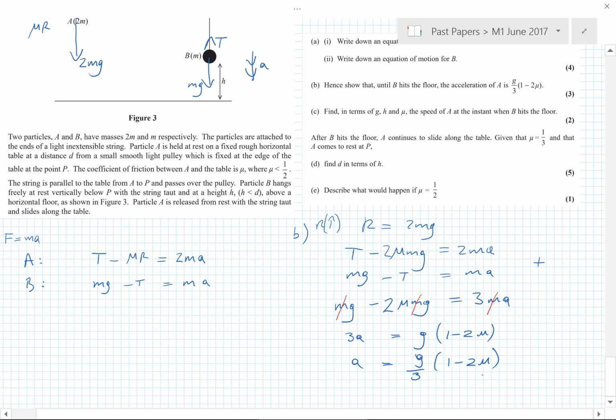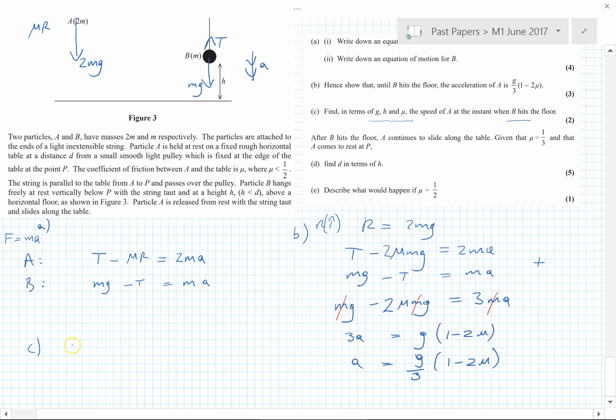Okay, so that's pretty okay, all working out fine so far. Part C is to work out, in terms of g, h and mu, the speed when B hits the floor here. Well, we're given h as the distance it actually moves till it hits the floor.